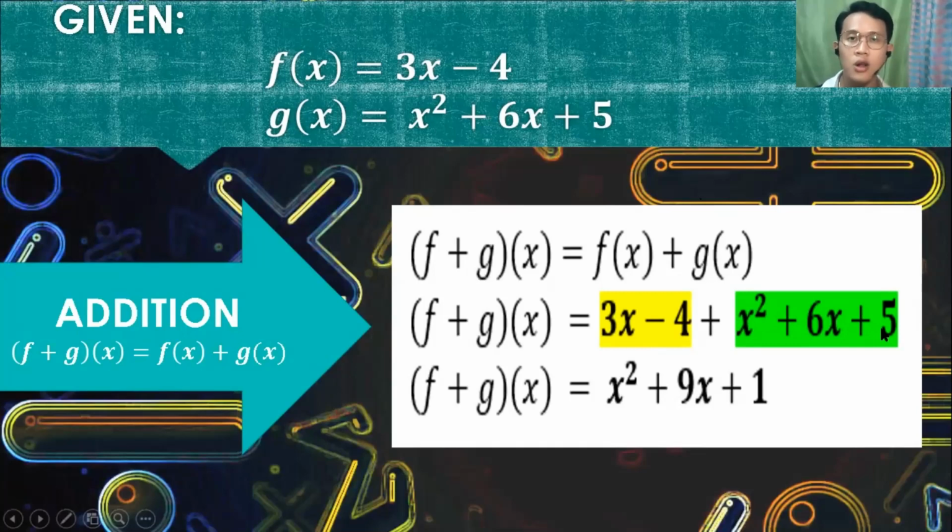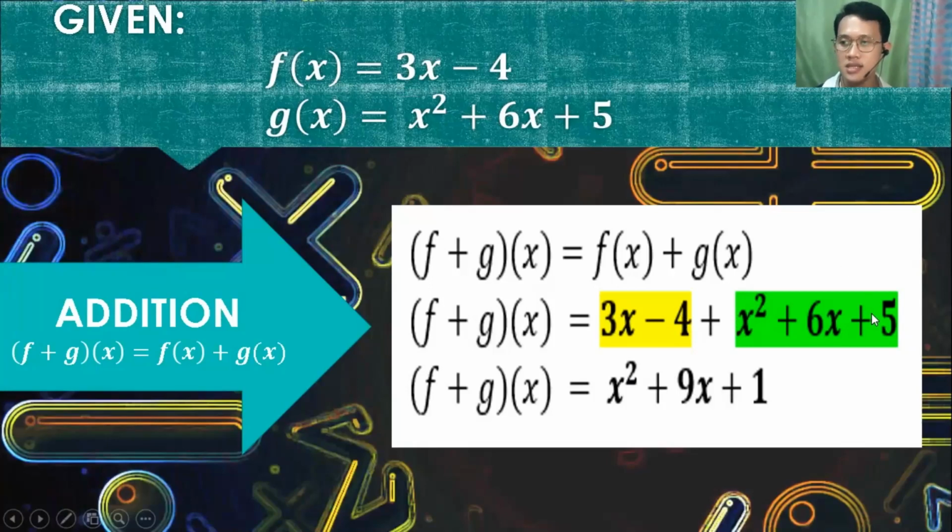And after that, all you need to do is to combine like terms or simplify the whole equation. As you can see, we need to do it in decreasing order, so the variable with the greatest degree will be our first term. Combining like terms, bring down x squared, and then 3x plus 6x are like terms, and that's equal to 9x.